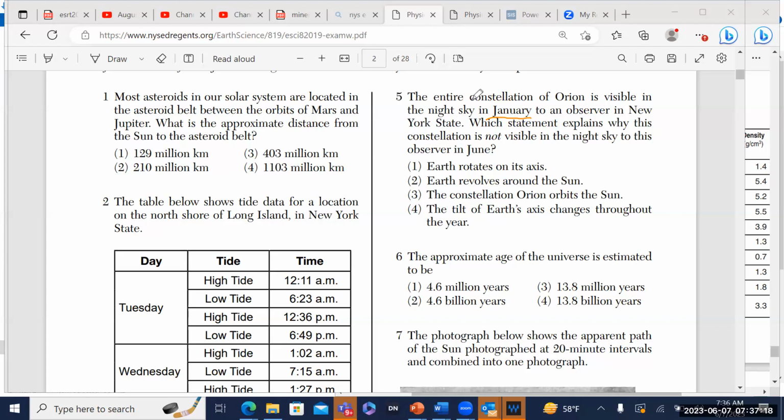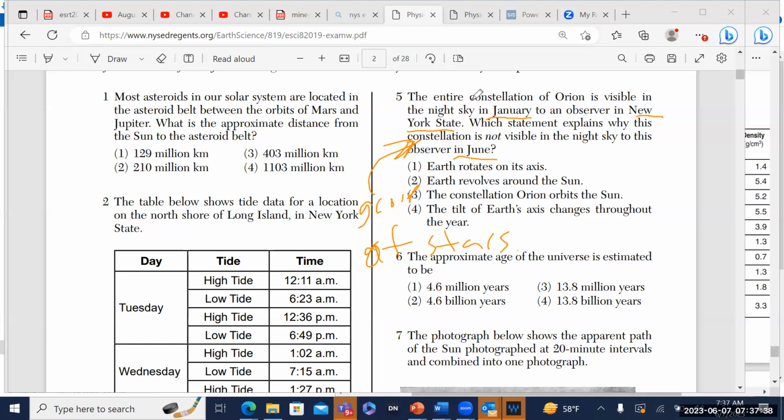So we're looking at a night sky in New York in January, and we're still in New York, but this time it's June, and we don't see the same constellation. Remember, a constellation is just a group of stars.